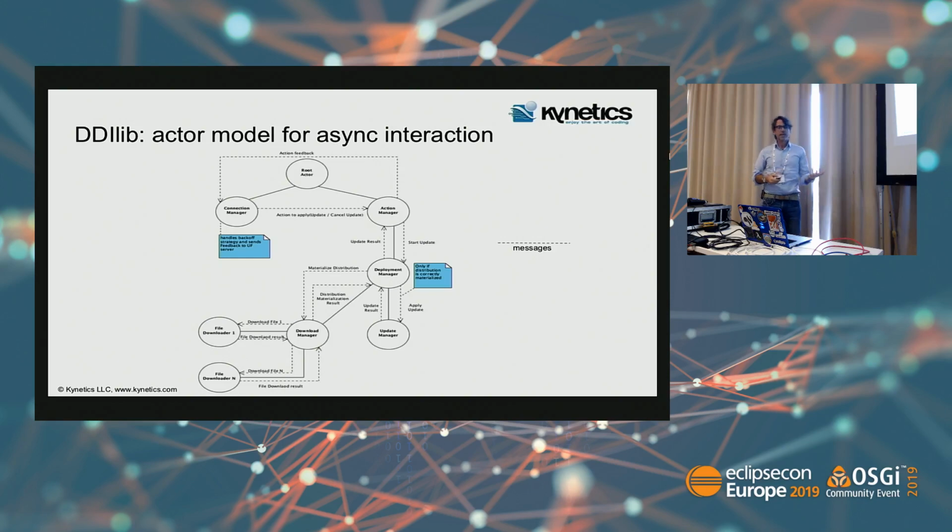You can do 2 or 3 or 4, and you need threads for handling this at the same time. Then the download manager is controlling all the artifact downloads. And then if the distribution is materialized correctly, you go back and then you are ready to update on the device, so writing the stuff on the device.